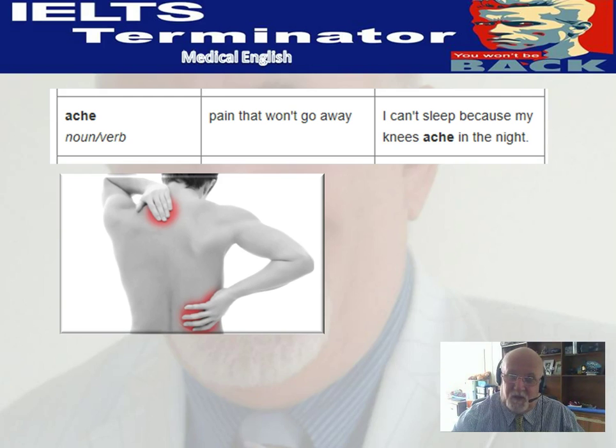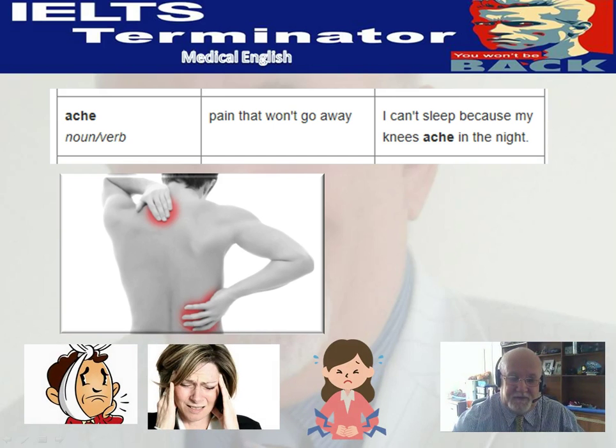In this case, we see a person with a back ache. We can add ache to a body part to talk about a pain that will not go away from that particular part, such as a toothache, a headache, a stomach ache, and many more.